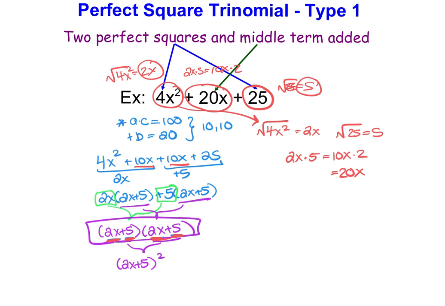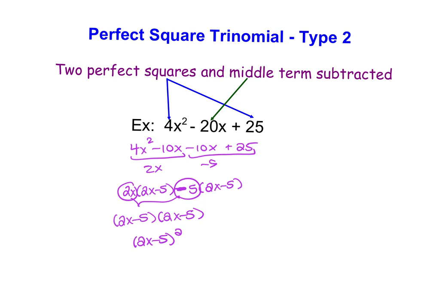If that equals our middle term, we have a perfect square trinomial. Then we can jump right into factored form. We have the 2x, we have the 5, and we can factor those right away. We'll practice those as we go through a couple of examples.